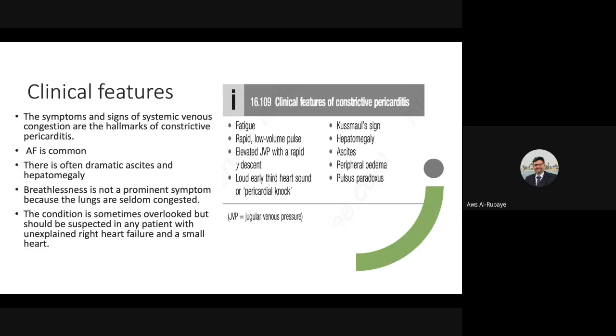The symptoms and signs of systemic venous congestion are the hallmark of constrictive pericarditis. AF is common, and there is often dramatic ascites and hepatomegaly. Breathlessness is not a prominent symptom because the lungs are seldom congested, and the condition is sometimes overlooked, but should be suspected in any patient with unexplained right-sided heart failure and a small heart.